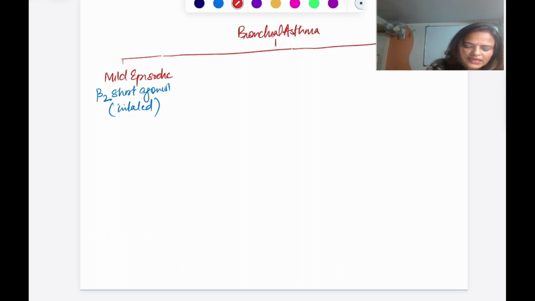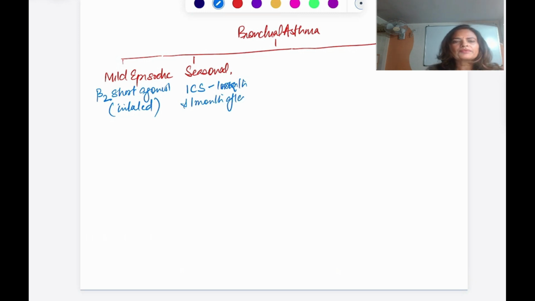Then if the person has seasonal asthma, okay, someone has seasonal asthma, then we can put the patient on inhalational corticosteroid 1 month before and 1 month after that season. This is prevention. And if in between there is any episode, then you put the patient on the same.